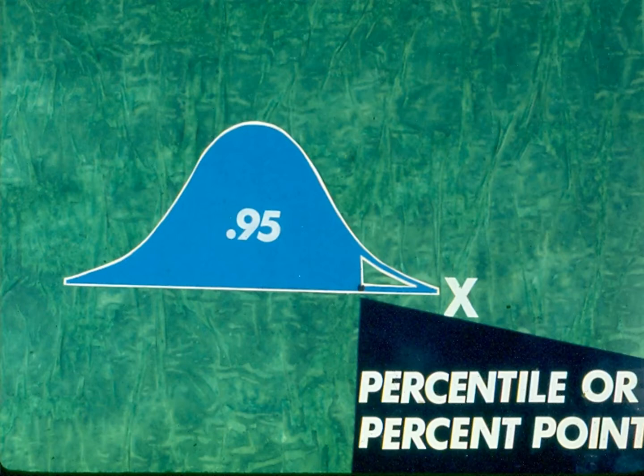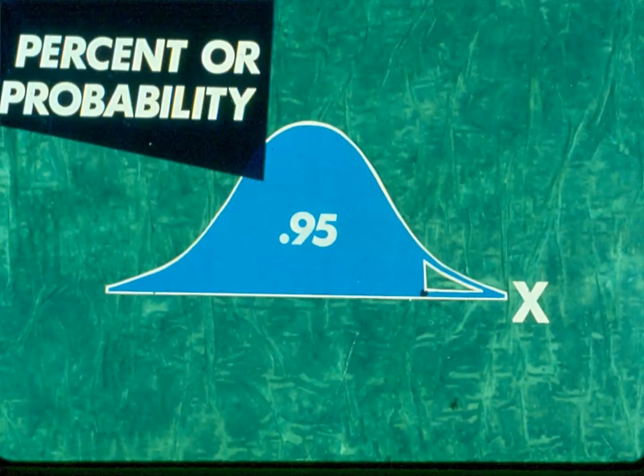This term percentile, corresponding to a value of X, is to be distinguished from the term percent. 95%, for example, refers to the 0.95 probability, which describes the area which is shaded. Thus, a percent describes an area under the distribution curve, whereas a percentile describes a point on the X-axis.